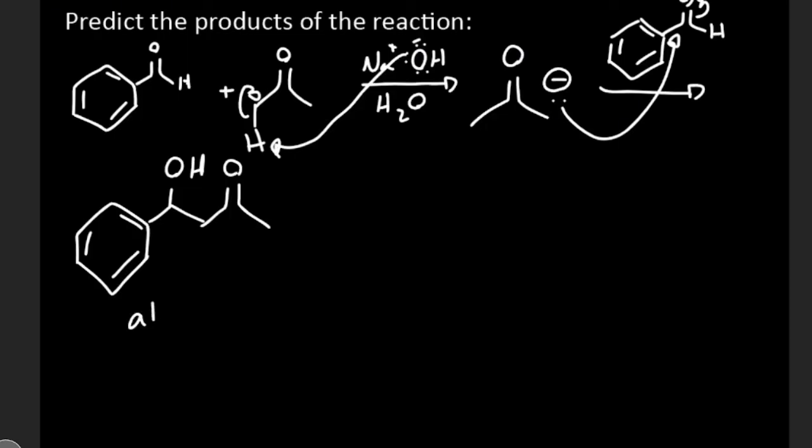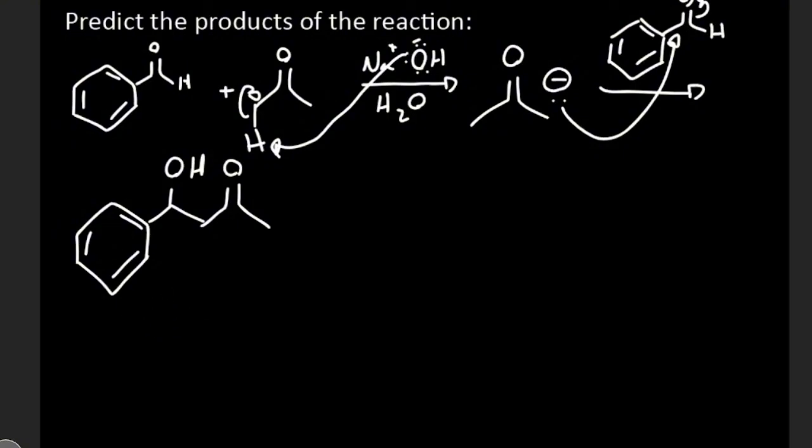The way it gets its name is ald for aldehyde and ol for alcohol. Aldehyde because a lot of times it takes aldehydes and sometimes forms aldehydes. Not in this case, but it could. And ol because it forms an alcohol.